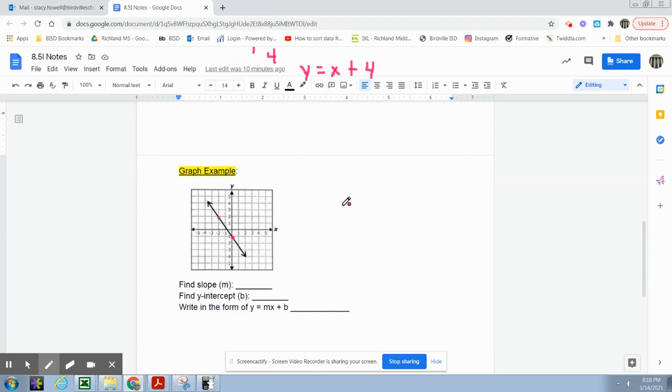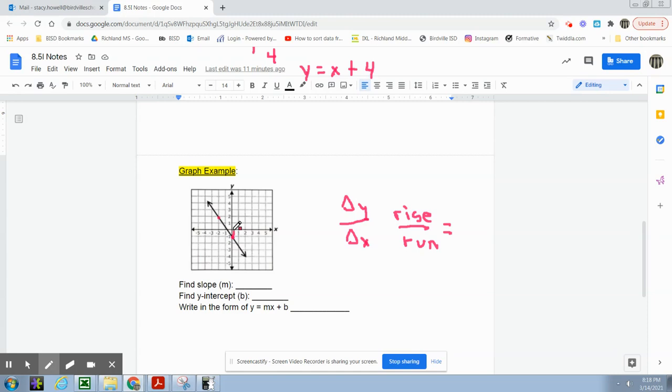So we know it is a change in y over a change in x, which means it is the rise over the run. Okay? So let's see what that number is.